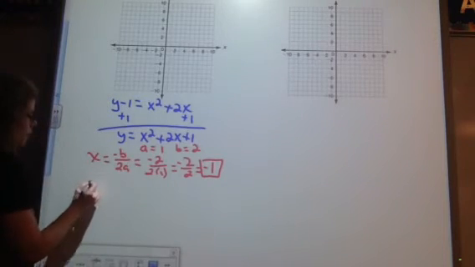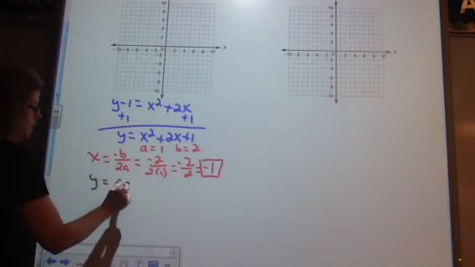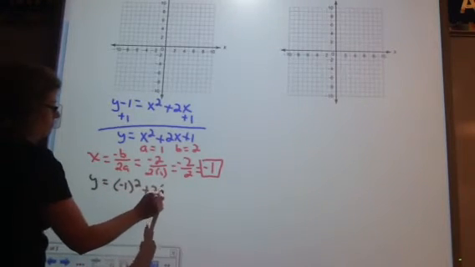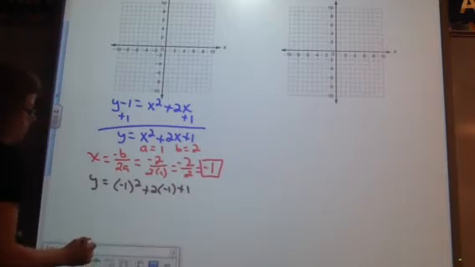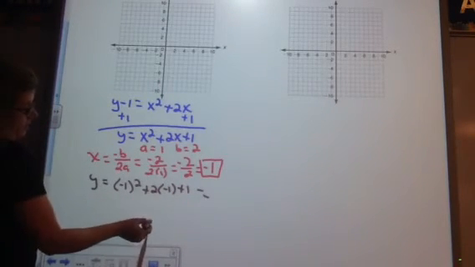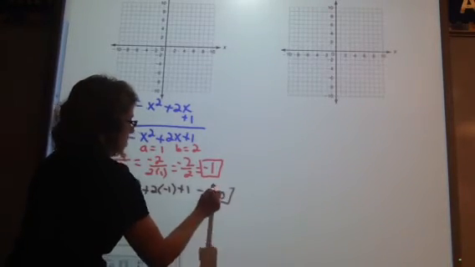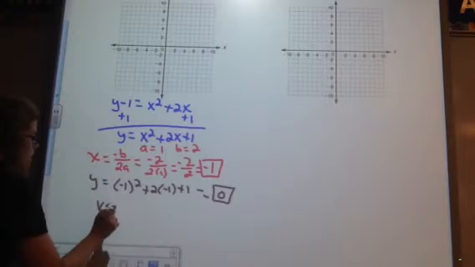And then I can find my y-coordinate by substituting -1 in for x. Okay, so here's my vertex.